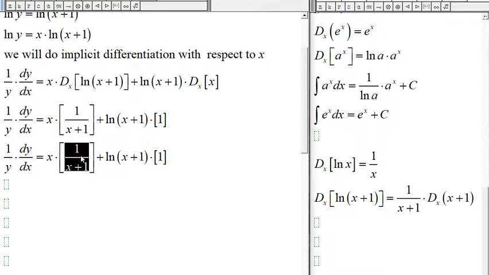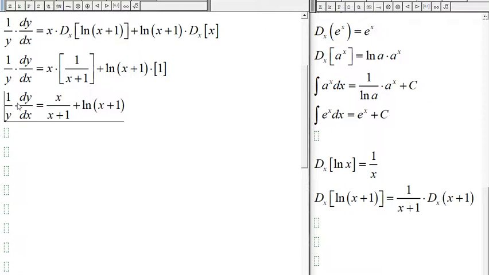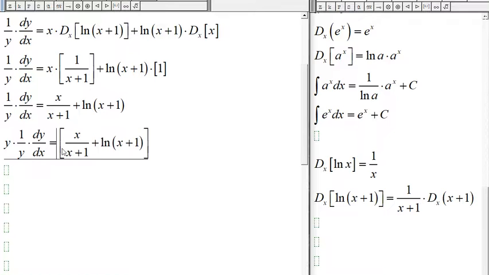And so here we just get x divided by x plus 1, and then this part we just get ln of x plus 1. And then now multiply both sides by y. So multiply this side by y, and then multiply this side by y.